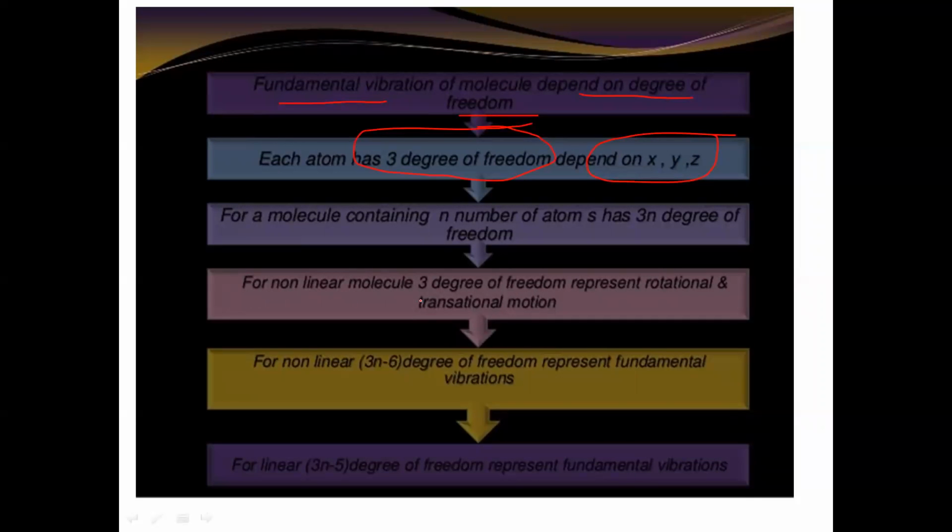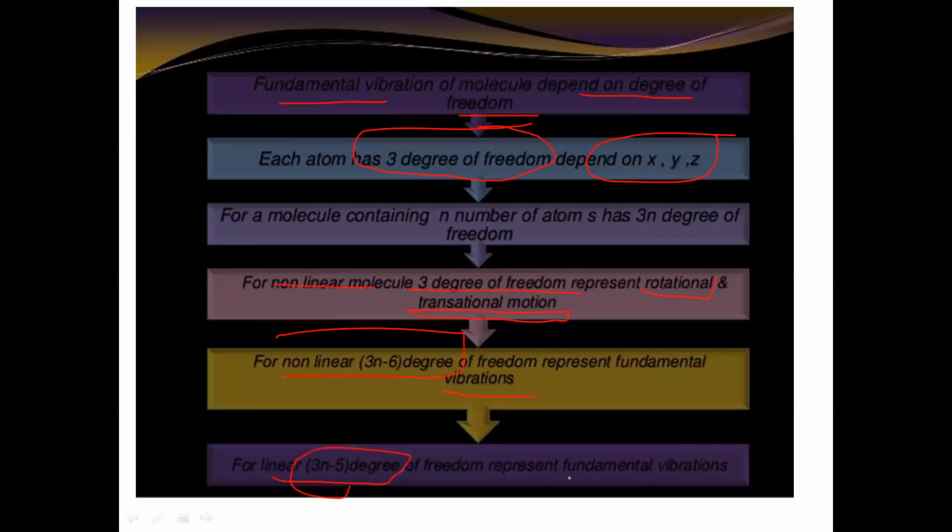For non-linear molecules, 3 degrees of freedom represent rotational and translational, meaning two types of motion are present in a non-linear molecule: one is rotational and the other is translational. Non-linear means 3n minus 6 degrees of freedom represent fundamental vibration, and for linear it means 3n minus 5 degrees of freedom.